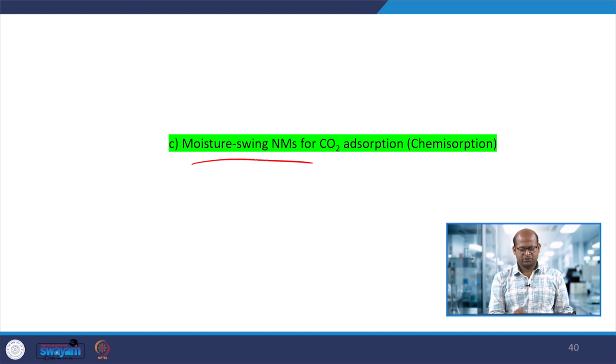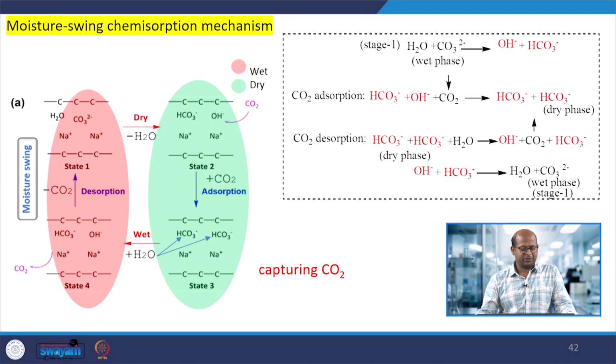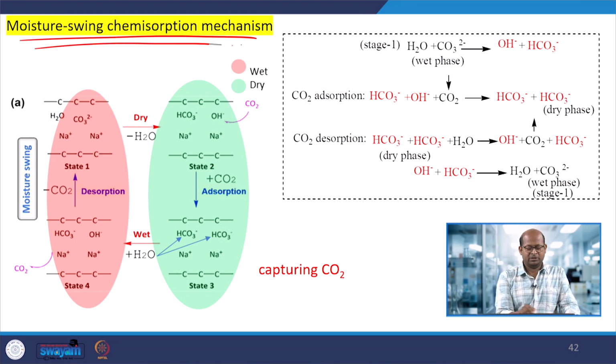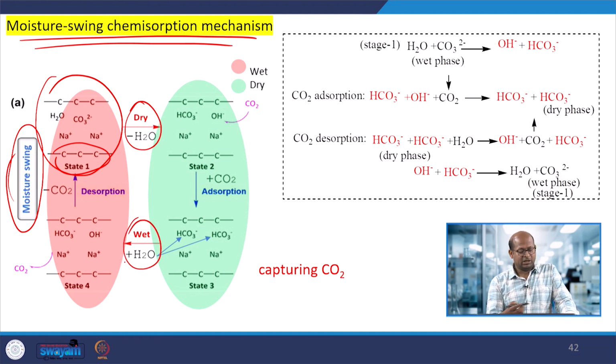Okay. Even the moisture swing process is there, where by addition and removal of moisture in the nanomaterials, we can separate CO2 from the flue gas mixture. So here we have stage 1, let us say the nanomaterial we have taken. Particularly in the moisture swing, by addition of water and removal of water, the surface structure changes would be there, that would help adsorption of CO2.